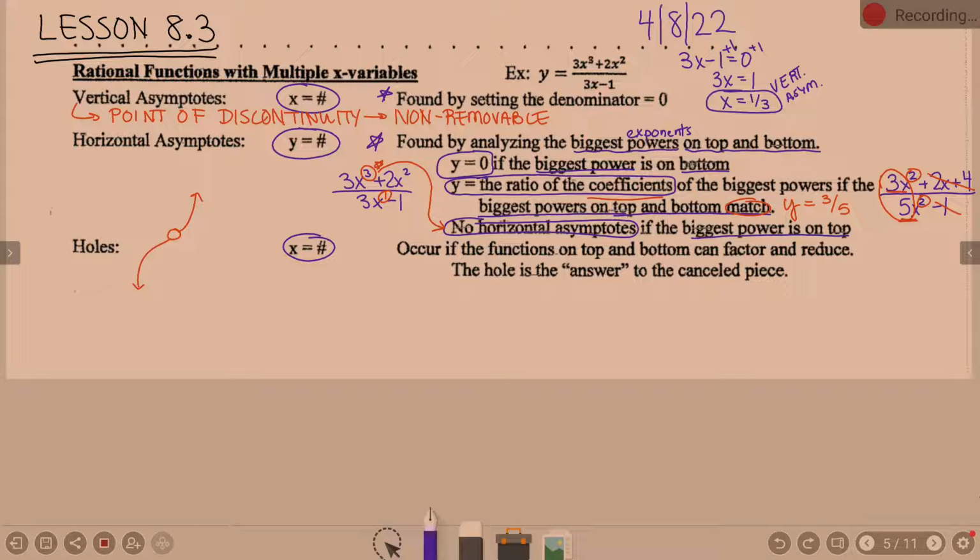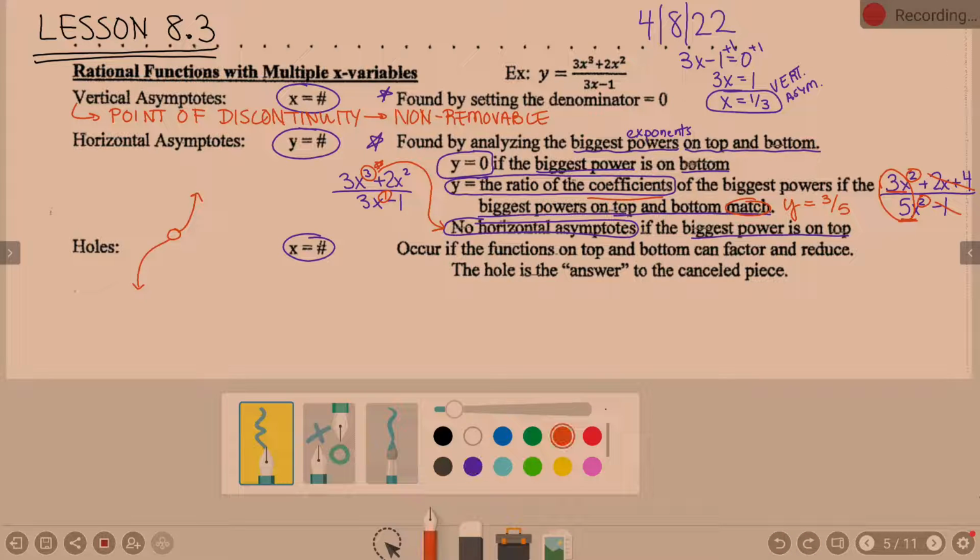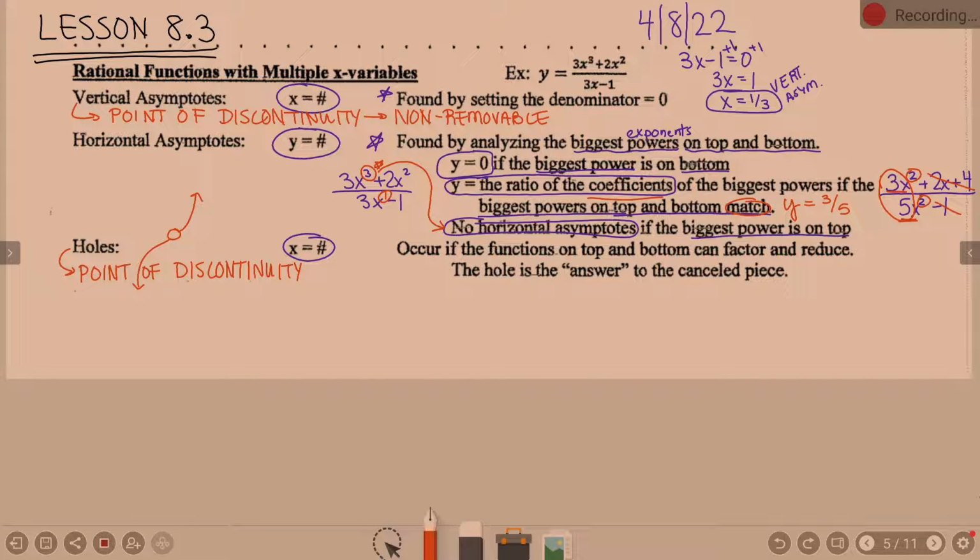So a hole is also a point of discontinuity. And instead of a non-removable, this one is a removable point of discontinuity.